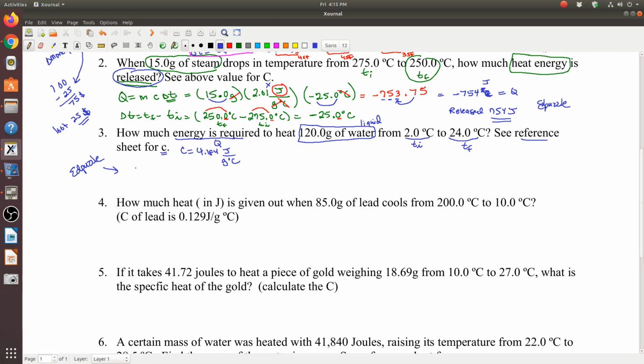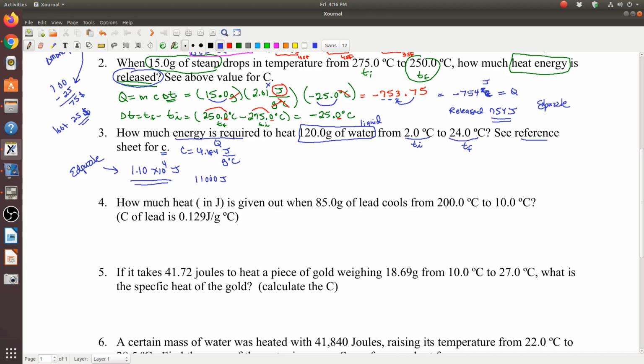The answer is 1.10 times 10 to the 4th joules, and you could have written it also as 11,000 joules. Both of those are correct. I didn't ask for scientific notation, but this is the correct number of significant figures for this particular problem.